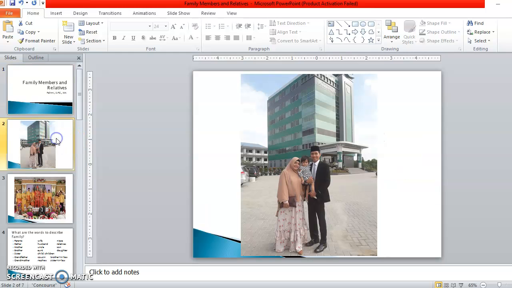Now let's see. As you can see on the slide, that's my picture with my family. That's me and my wife and my daughter. So I have a small family: I'm the husband with my wife and one daughter.